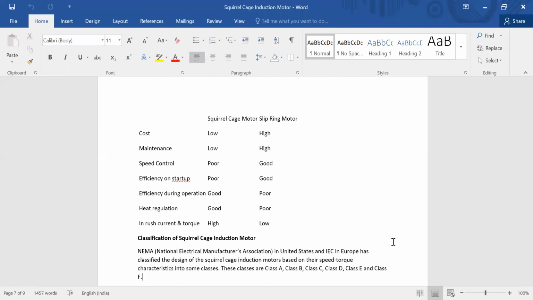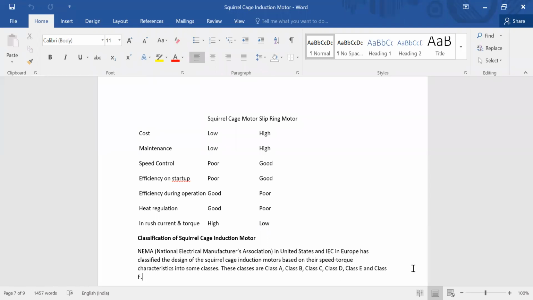Maintenance is also low compared with the slip ring induction motor. But the speed control is poor. Automation is good in the squirrel cage compared to the slip ring induction motor.